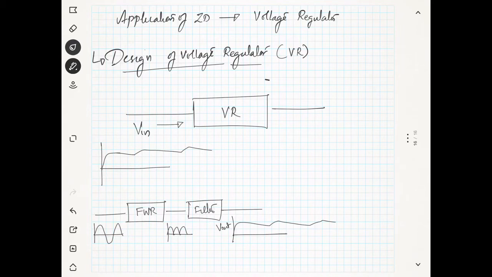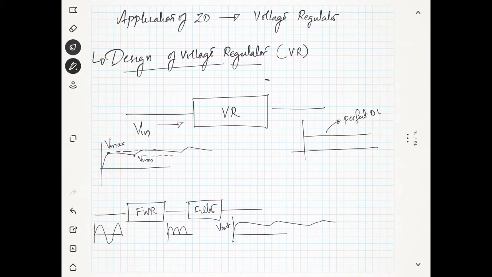Now the voltage regulator sees a signal which is changing. It has a maximum limit and a minimum limit. The signal is changing between maximum and minimum, but the voltage regulator will give you a constant DC, a perfect DC.